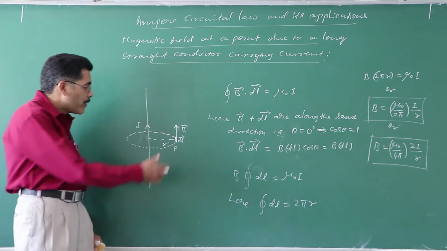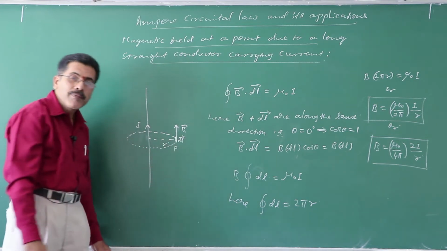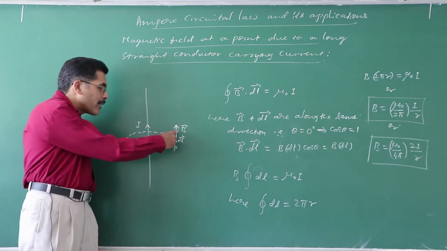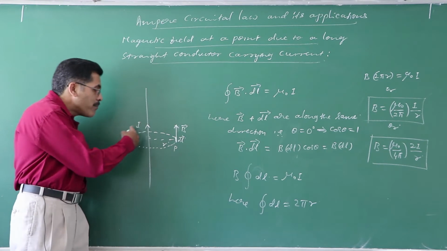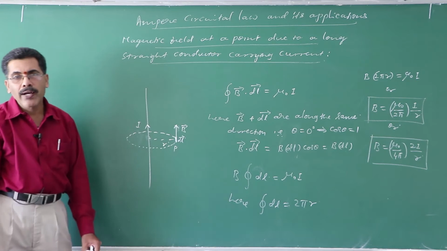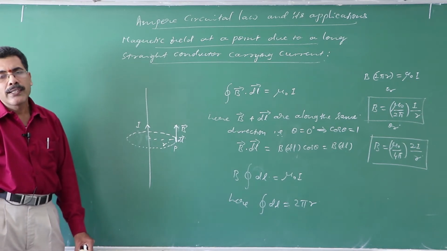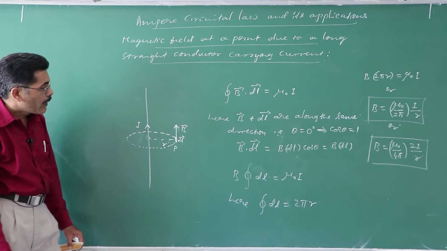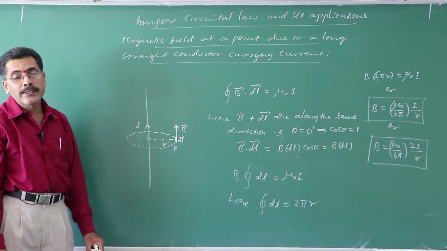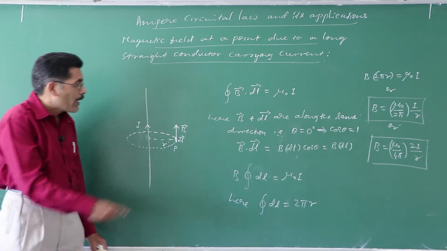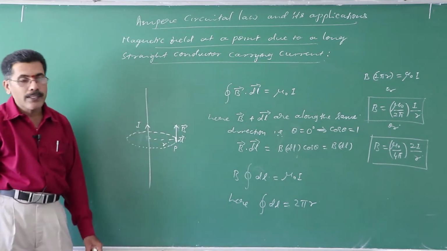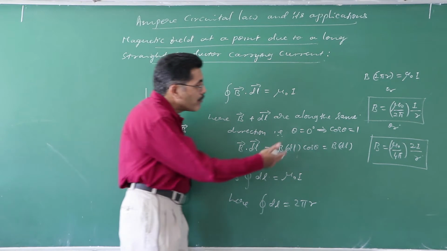Therefore, let P be a point at a distance r from the straight wire carrying current. To determine the magnetic field at P, I just imagine an Amperian loop of radius r with the wire passing through the center of the loop. The magnetic field is always tangential at all points on the Amperian loop, and the length element dl and B are parallel to each other, so the angle between them is 0.